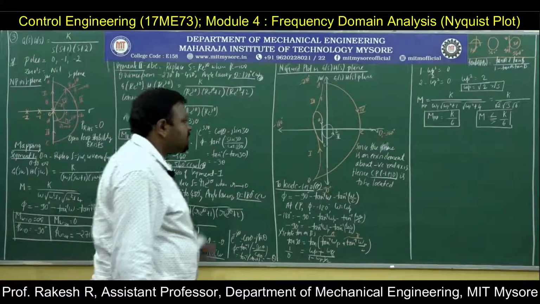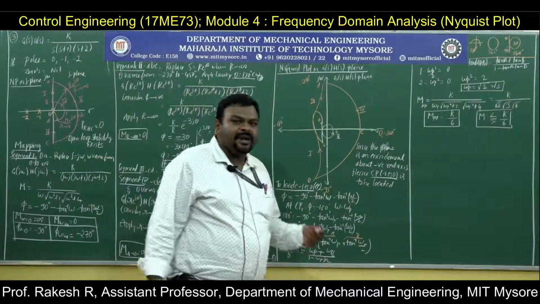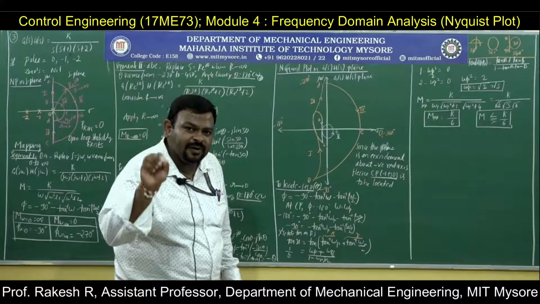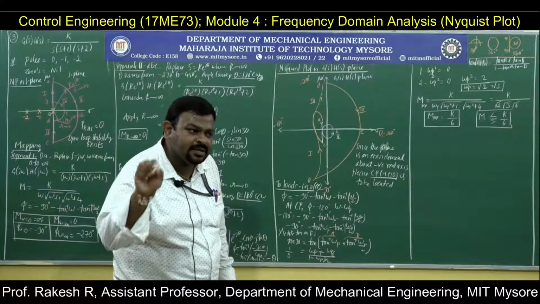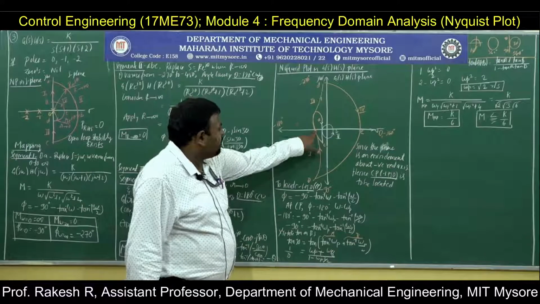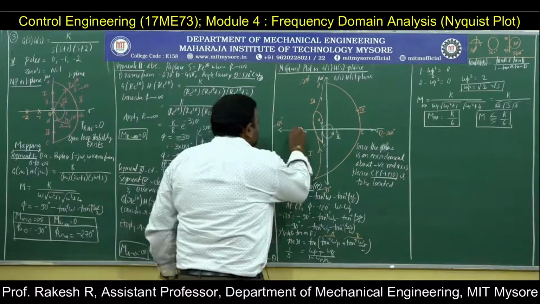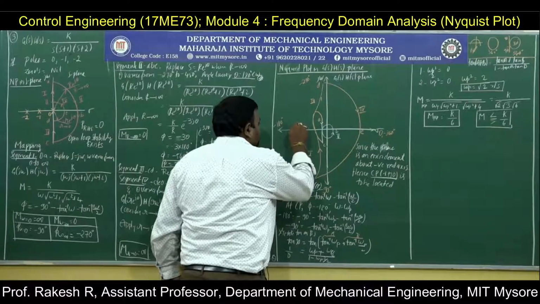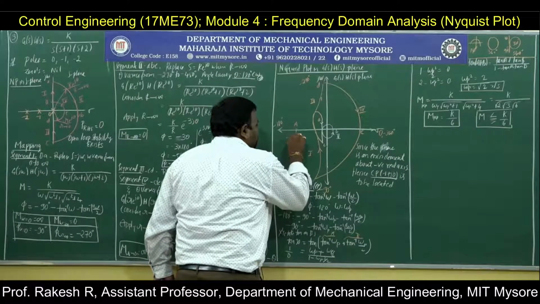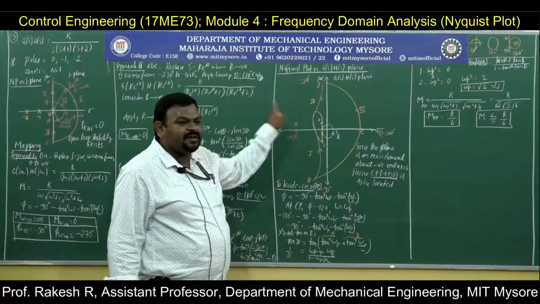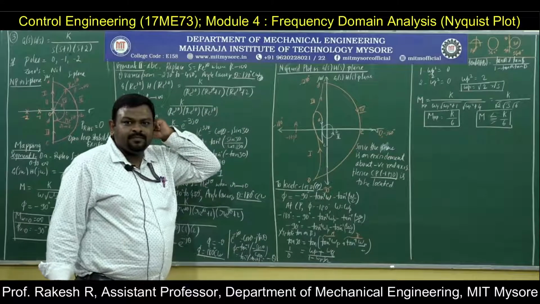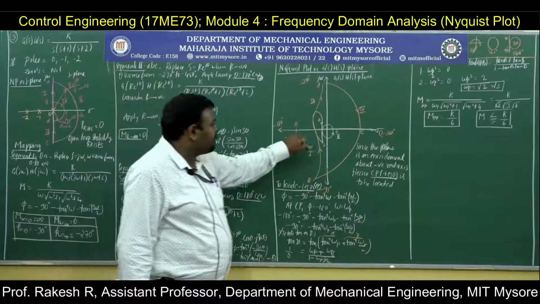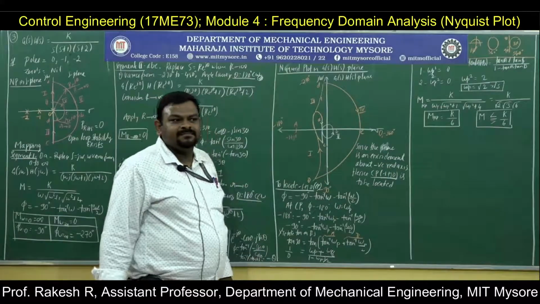If the magnitude is less than 1, the critical point minus 1 plus j0 will be after the plot. So, this I will take as A. What is the magnitude here? Magnitude of this plot is less than 1. Got it?